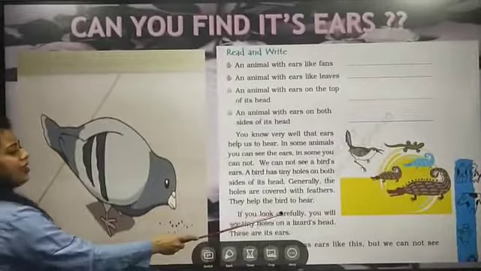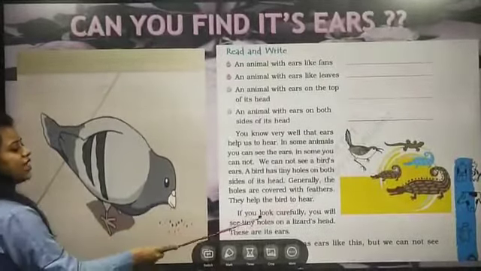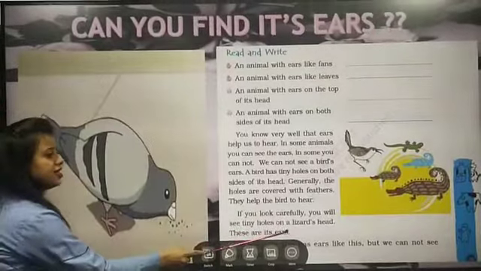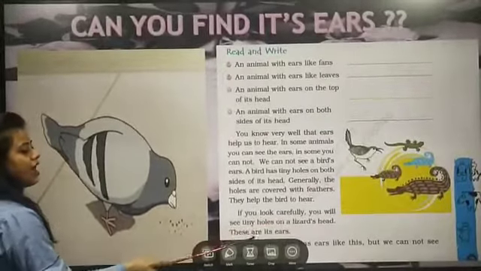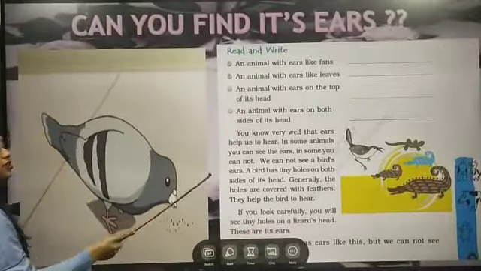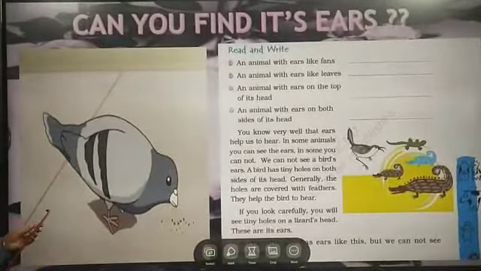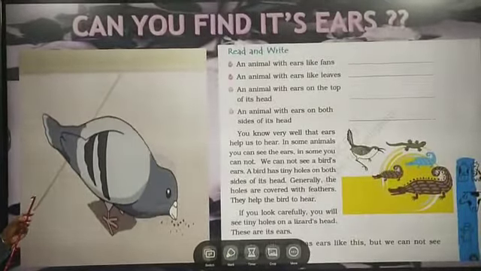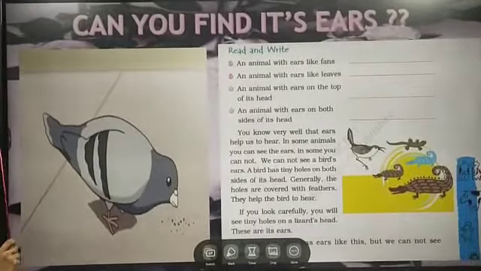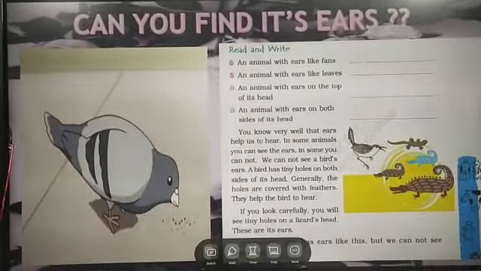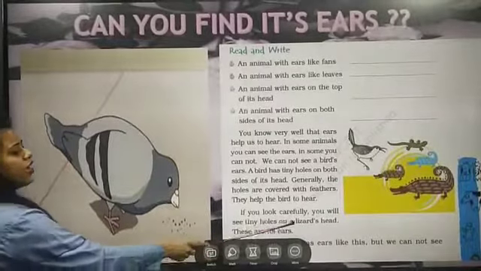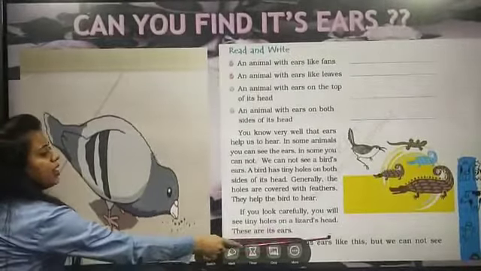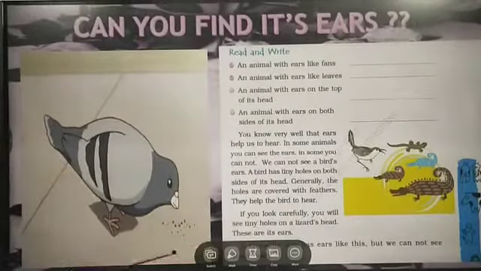If you look carefully, you will see the tiny holes on a lizard's head. These are its ears, which help it to hear. Like that, a crocodile also has ears, but we cannot see them.